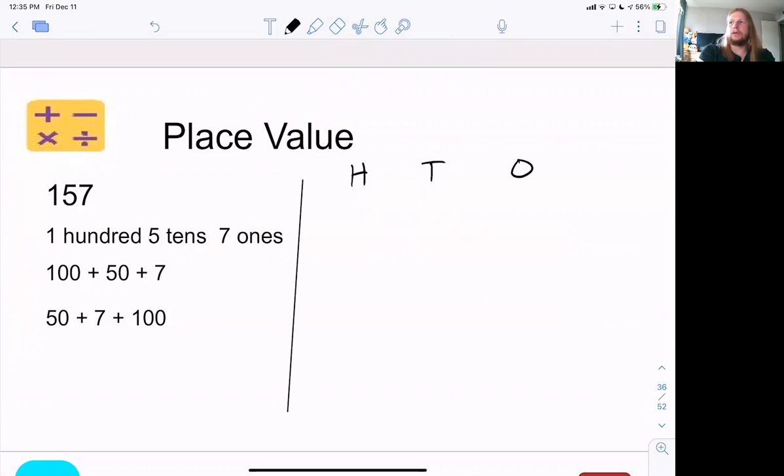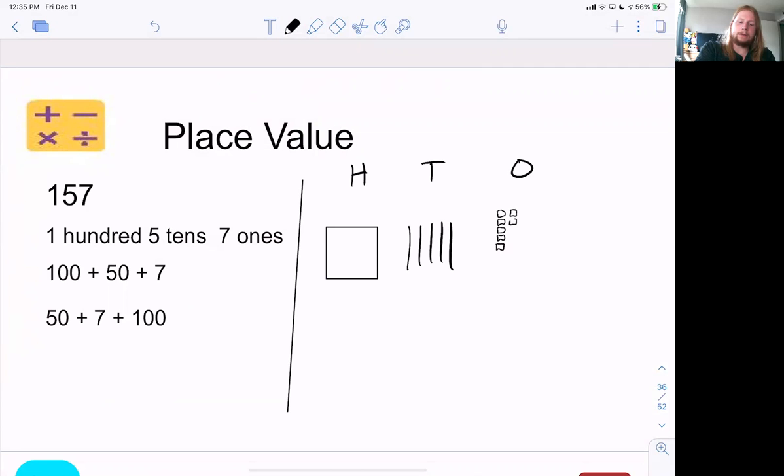How many hundreds do I have in 157? 1. How many tens do I have in 157? I have 5. 1, 2, 3, 4, 5. How many ones do I have? I have 7. 1, 2, 3, 4, 5, 6, and 7. Perfect.